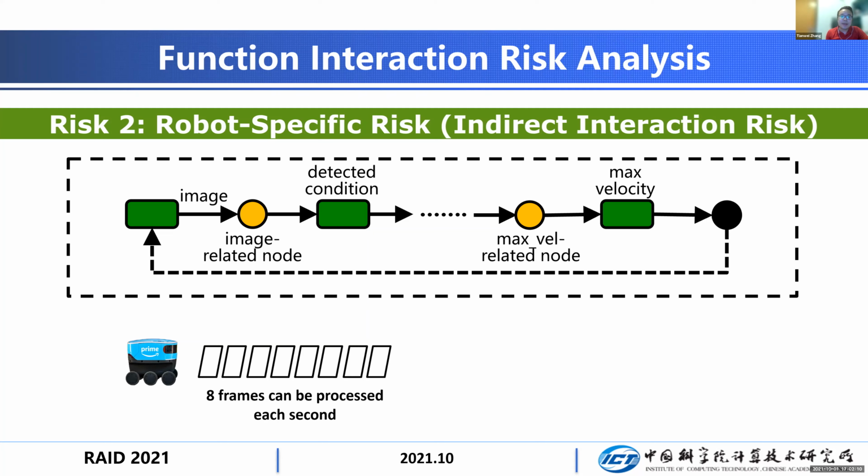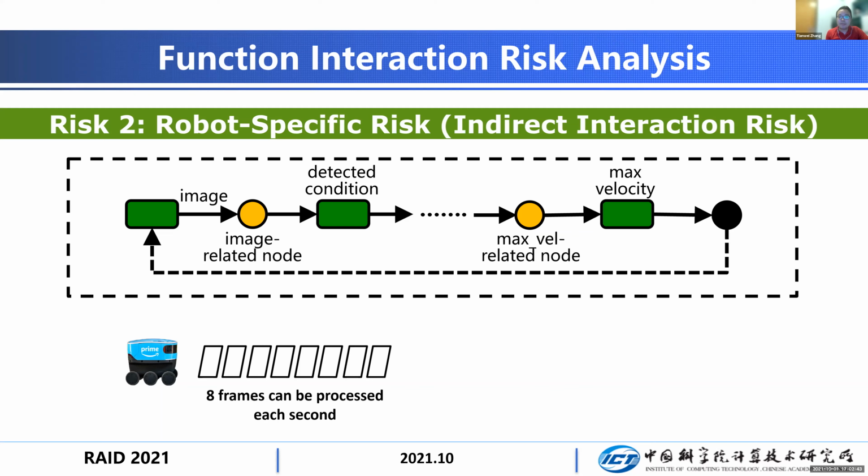The first one is the image-related node, and the second one is the max velocity-related node. The image-related node is used to process the images captured by the cameras of the robots and then make perception decisions, like whether there is any object around, or whether there is a traffic light around. This is the responsibility of the image-related node.